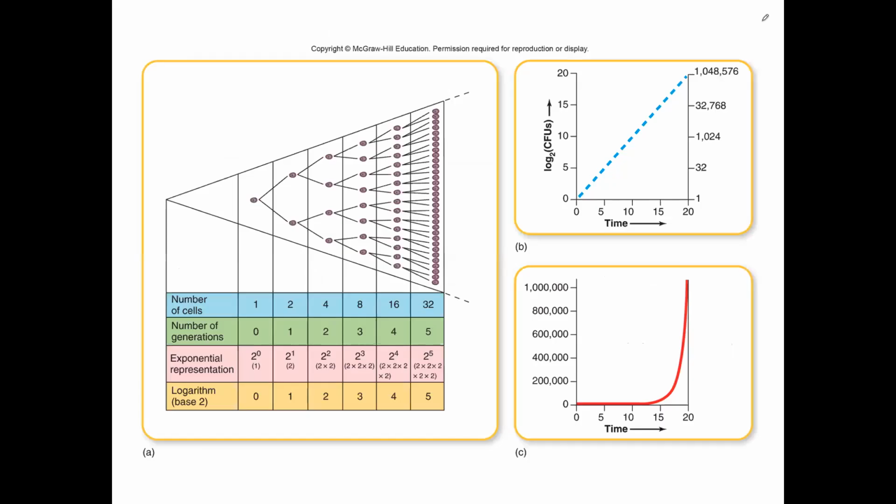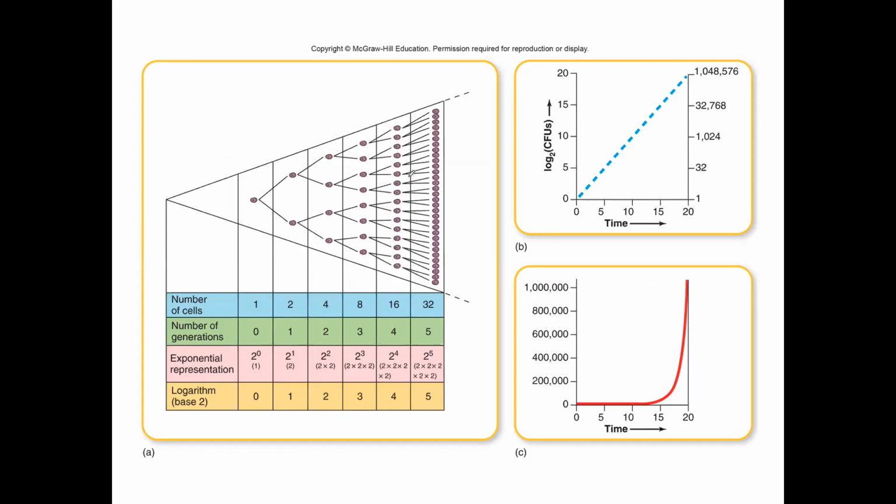You can see some examples of how this works. You can start with one cell, and then after one generation, we've got 2, after 2 generations, 4, after 3 generations, 8, after 4 generations, 16, and after 5 generations, 32. So up and up we go.